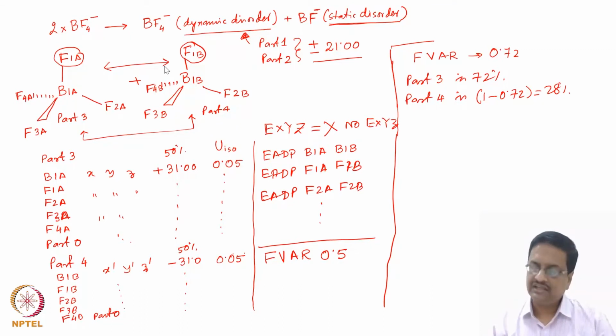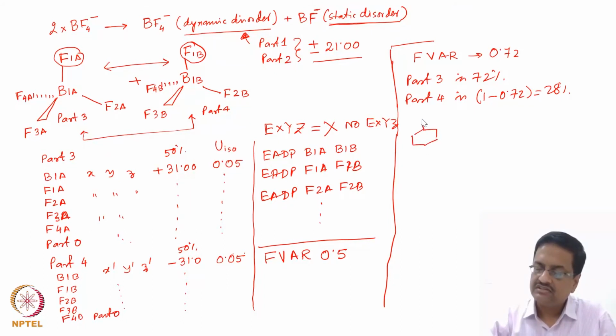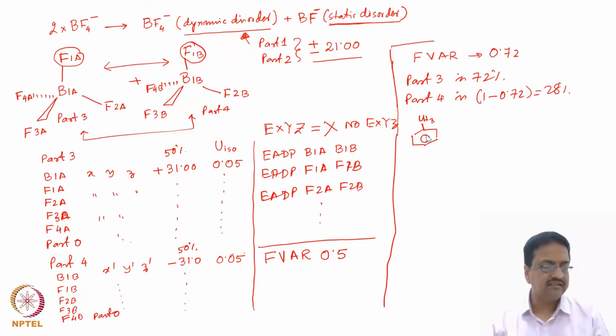For example, sometimes we encounter a solvent molecule like toluene, which also is found to be disordered at two different locations. As a result, we have to do this kind of refinement on all the atoms of toluene and find out what the final refined parameter is for that disordered fraction.